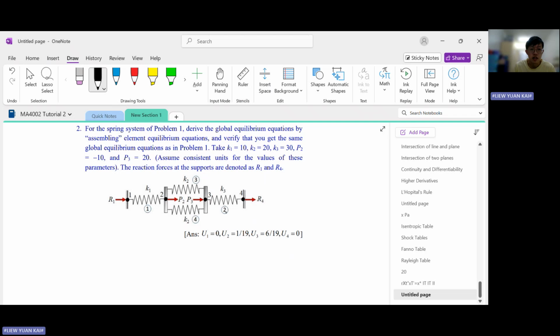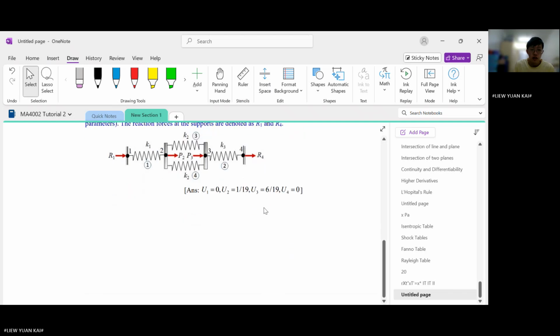Next, what do you need to do in FEM problems? The next step is to label the nodal displacements and nodal loadings. What this means is, what we're gonna do is we're gonna copy this diagram out.